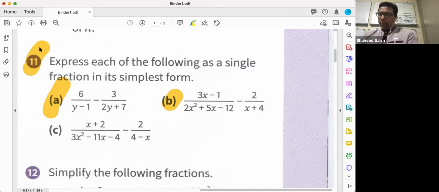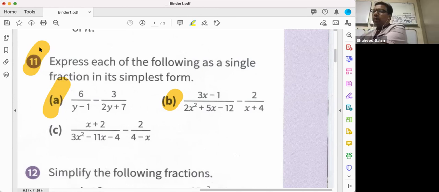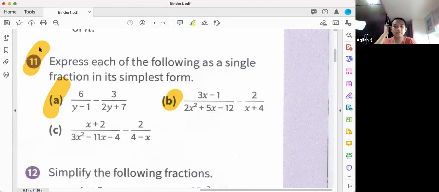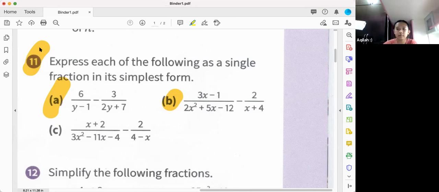Okay. Repeat what you said. 3x squared plus 11x minus 4. Wait. Okay, sorry, I redo. Negative x plus 5 over 2x squared plus 5x minus 12.